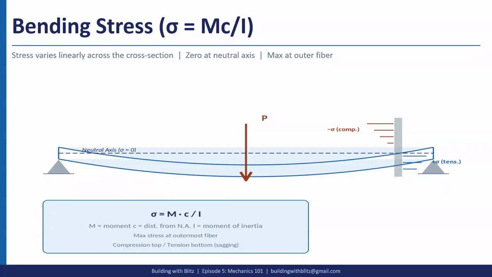This is an important concept to remember, as well as most of the time the I value is representative mostly of the height cubed. So you have a cubed value. If you increase the depth or the height of the member, think about how much resistance you're adding. You're adding resistance to the third power compared to if you were to make the member wider.